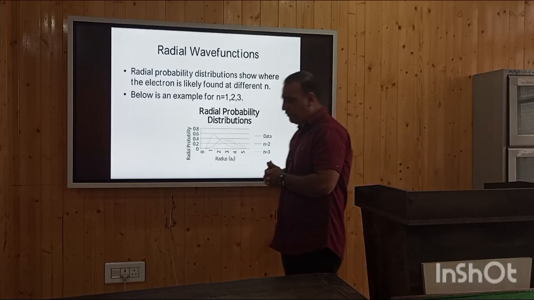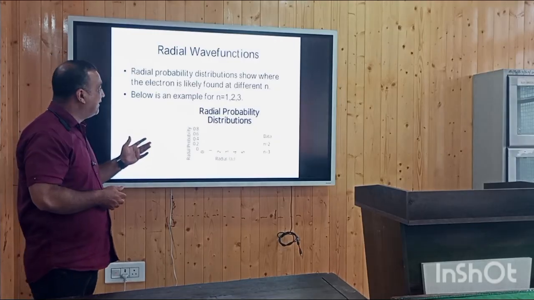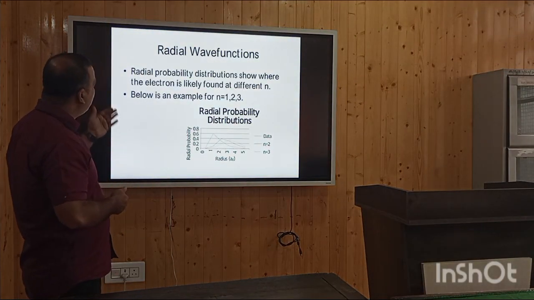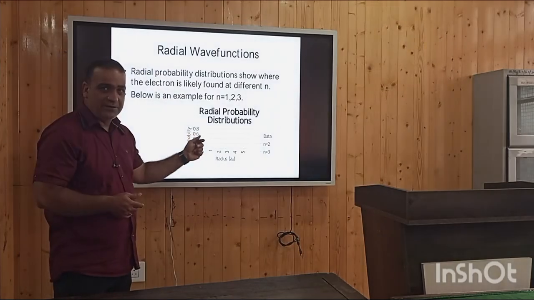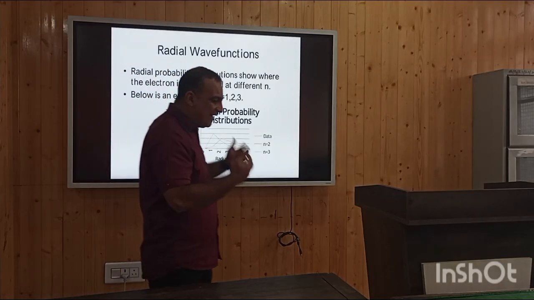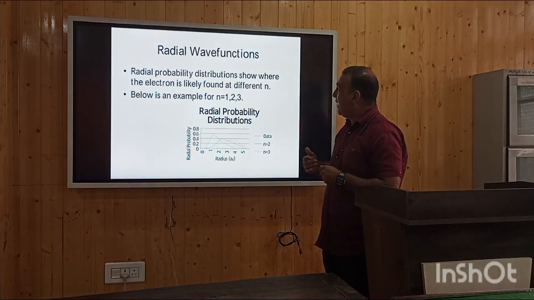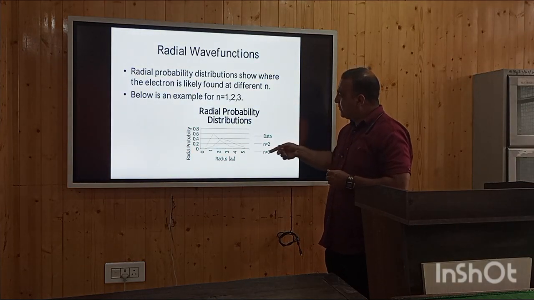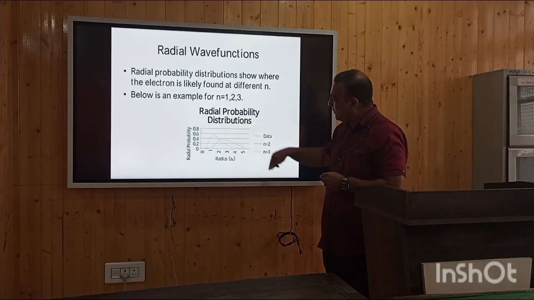Now, another important part that we obtain is the radial wave function, because solving the Schrodinger equation leads us to the radial wave function, and the radial wave function gives us the probability distribution. The radial probability distribution shows where the electron is likely to be found in the hydrogen atom at different values of n. Here you can see a simple graph plotted between the radial probability and the radius of the hydrogen atom, and you can see the peaks for the different values.